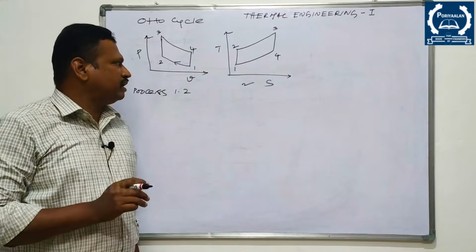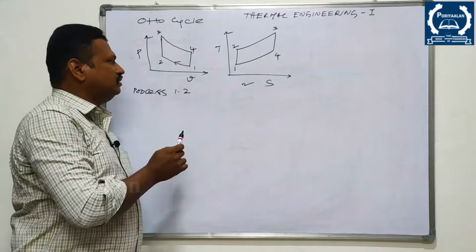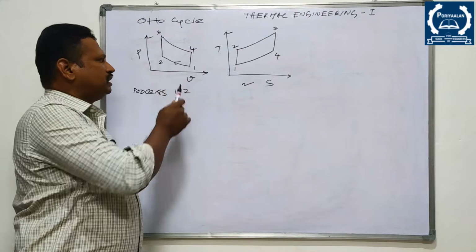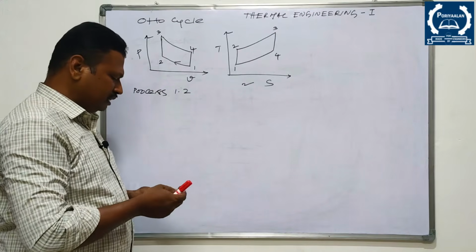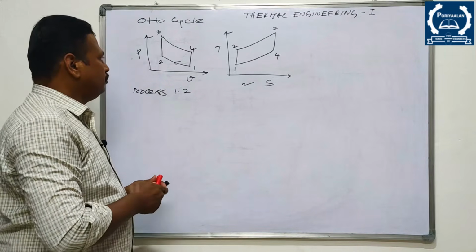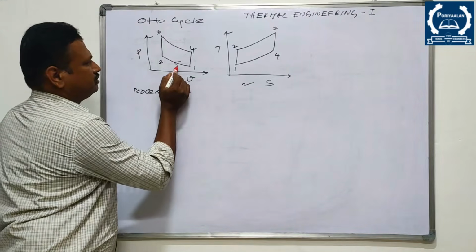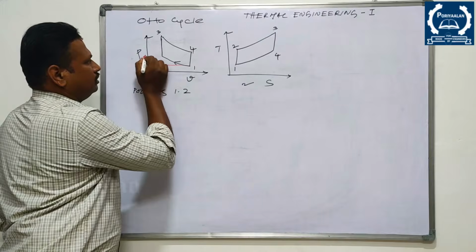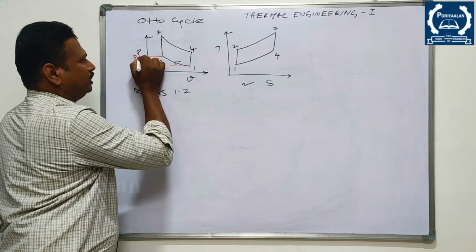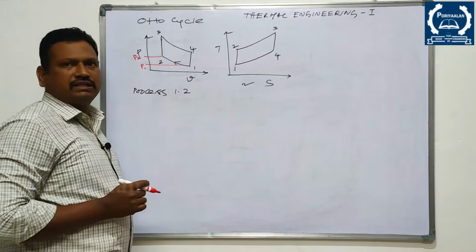First, let me refer to the PV diagram. What happened to pressure? You can see in this diagram that pressure increases. This is P1 and this is P2, which means pressure increases.